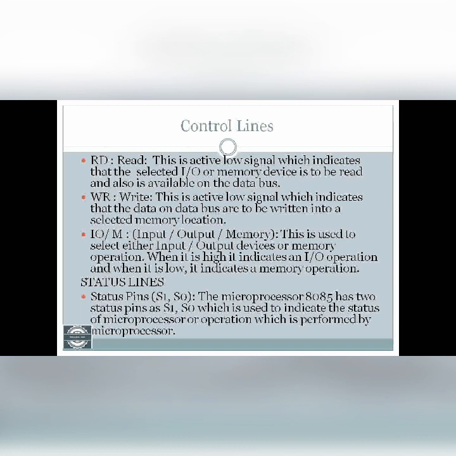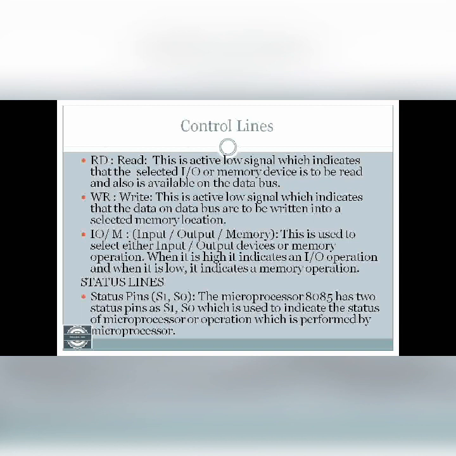The microprocessor 8085 has two status pins S1, S0, which are used to indicate the status of the microprocessor, whether it is enabled or disabled, whether it is 0 or 1, or the operation performed by the microprocessor. Now this control bus or control lines has various lines which have specific functions for coordinating or controlling the total microprocessor work.